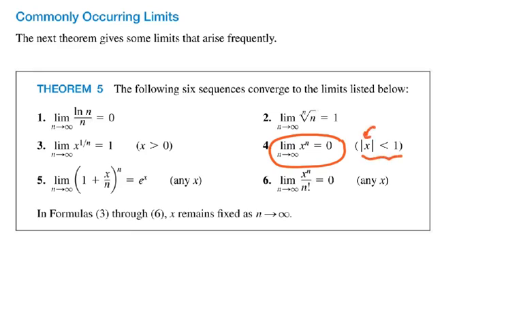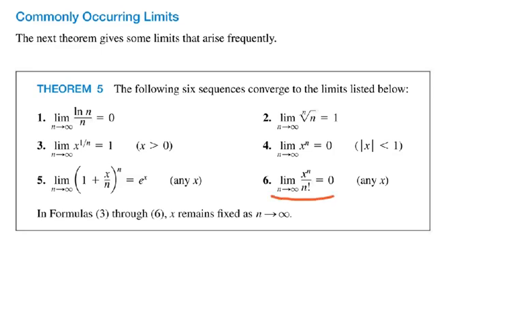So that means we're dealing with a fraction, like 1/2. The limit as n goes to infinity of 1 plus x over n, to the n, is going to go to e to the x, Euler's number being an exponential expression.